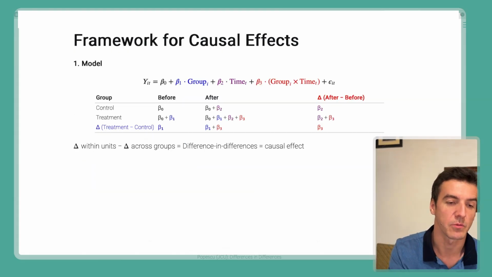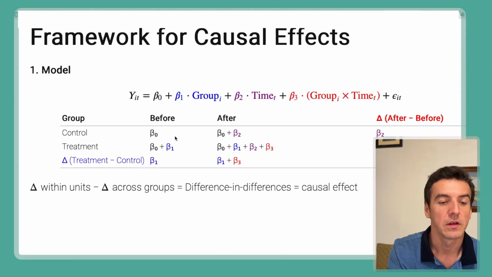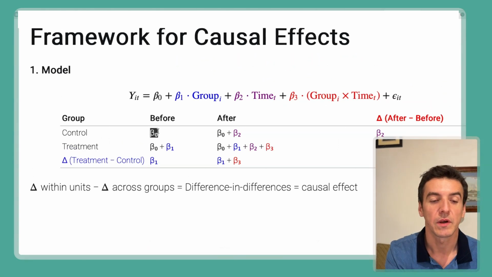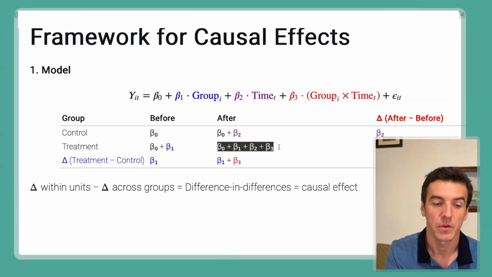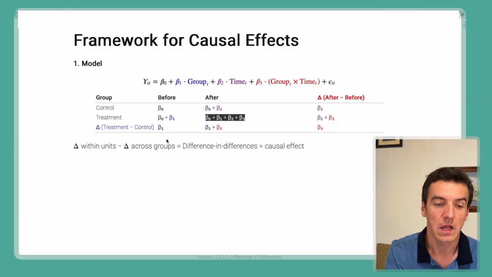So let us look at this more carefully. We have the control group and we have the treatment group. So we have what Pennsylvania looked like before the implementation of the program, what Pennsylvania looked like after, and then we have the treatment group: what New Jersey looked like before the implementation of the program, and what New Jersey looked like after. If we look at the difference between the treatment and the control group, we have beta 1 because beta 0 cancels out.